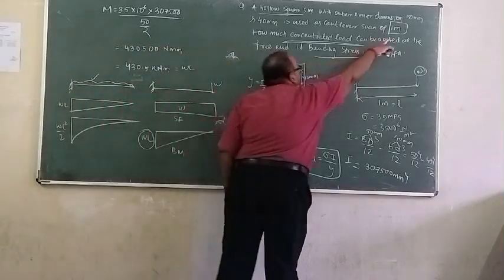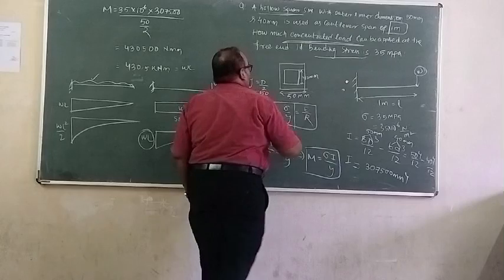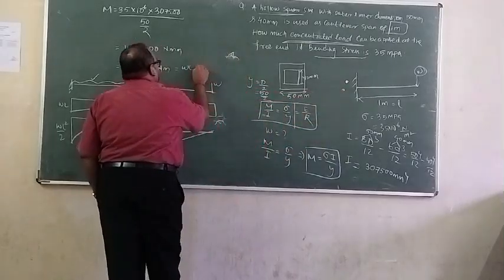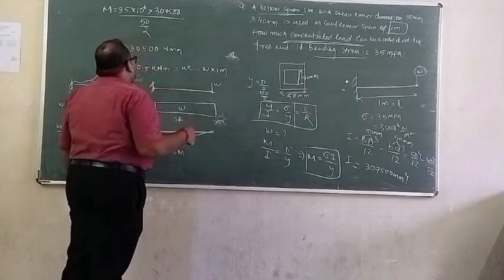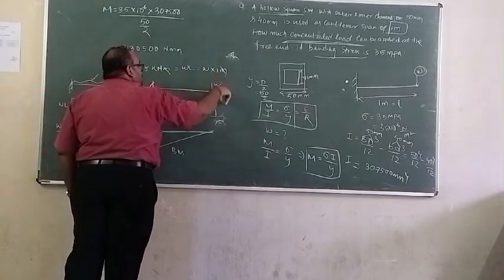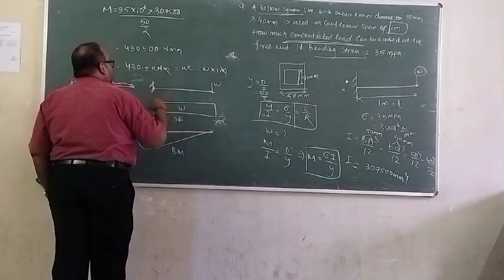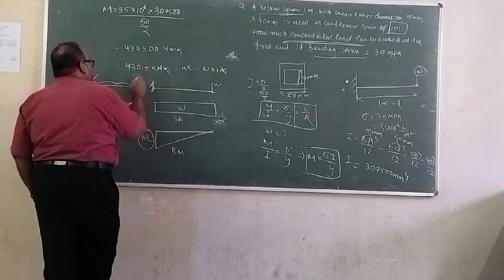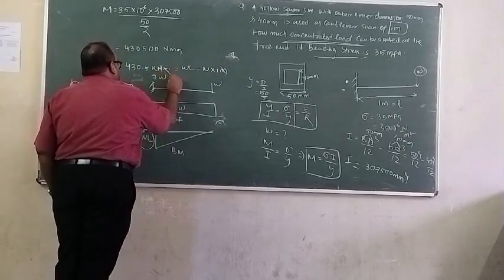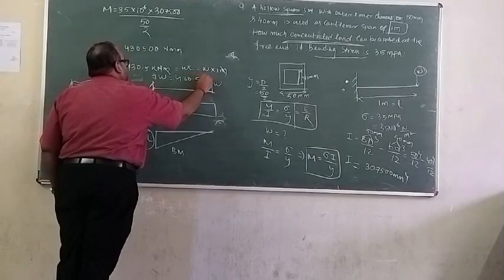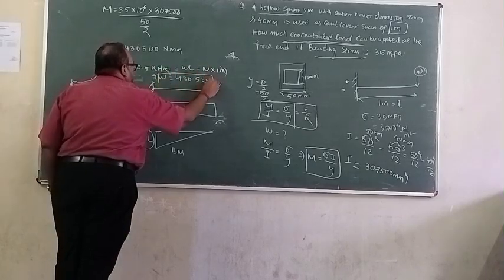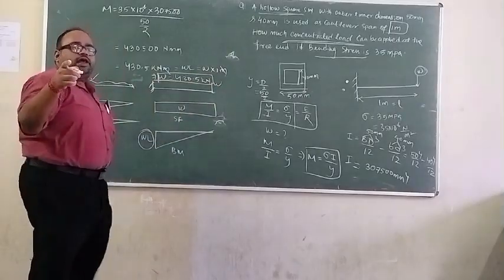See here, span of 1 meter. Here also, so I can put W multiplied by 1 meter. Again cancel meter from left and right side, so I can write W equals 430.5 kilonewton.